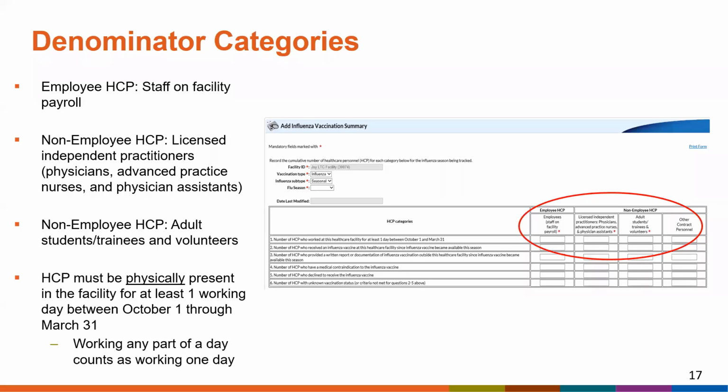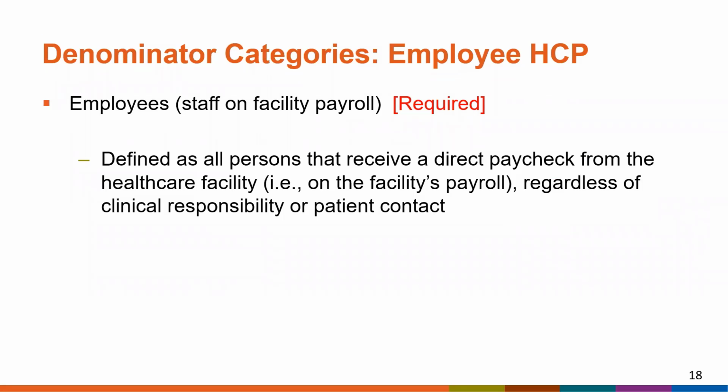This slide shows the top portion of the healthcare personnel vaccination summary form, which lists the denominator categories. Employees are defined as all persons receiving a direct paycheck from the healthcare facility, regardless of clinical responsibility or patient contact.